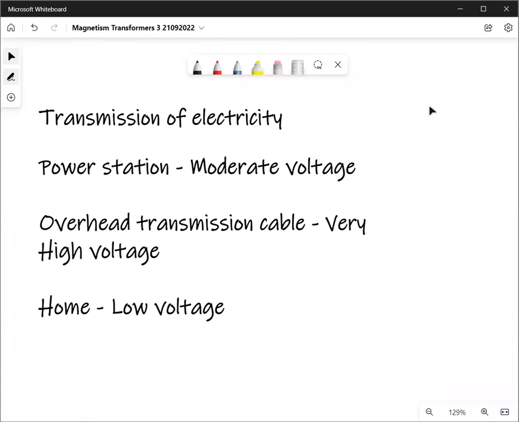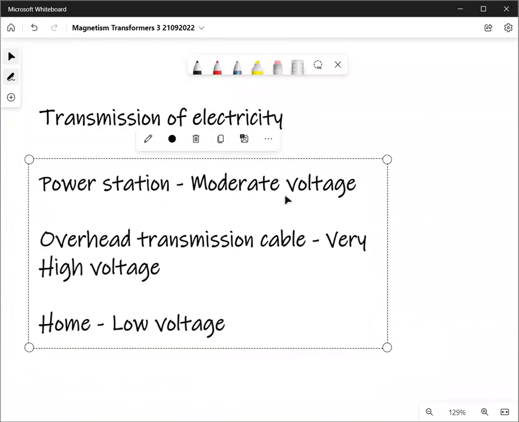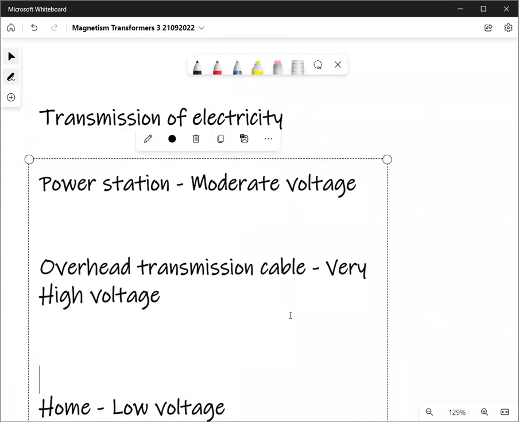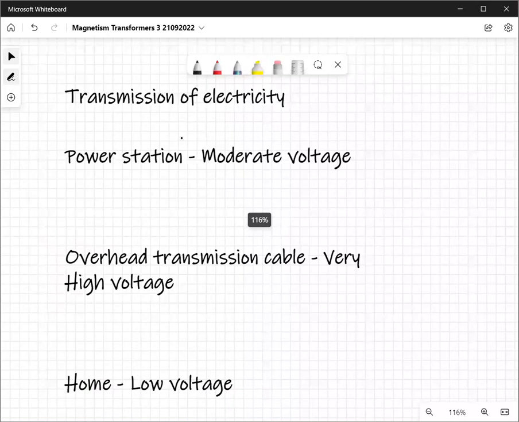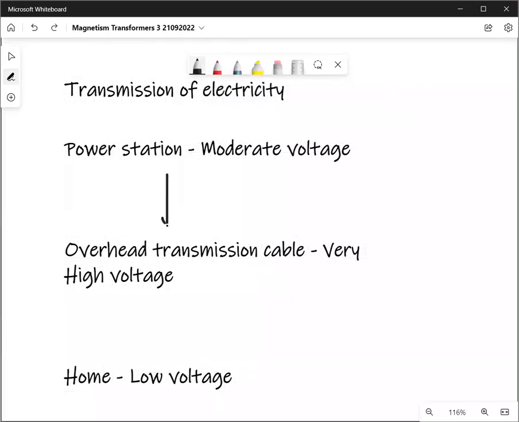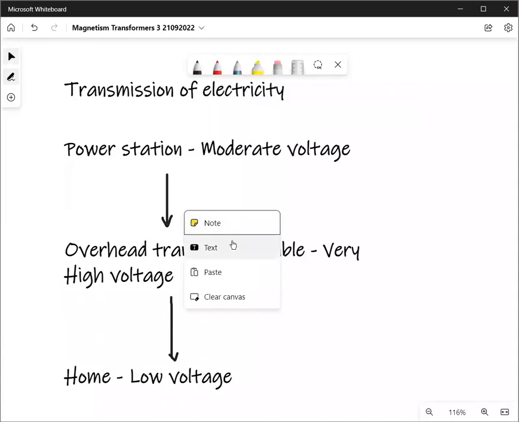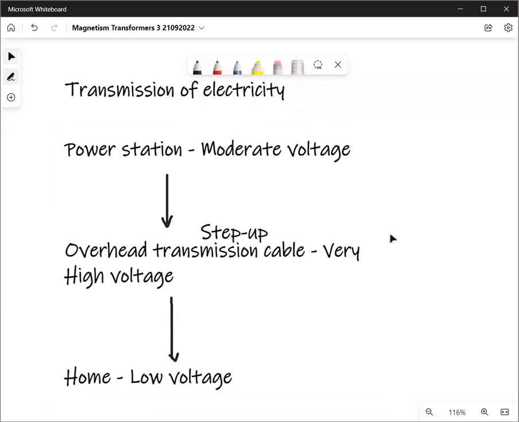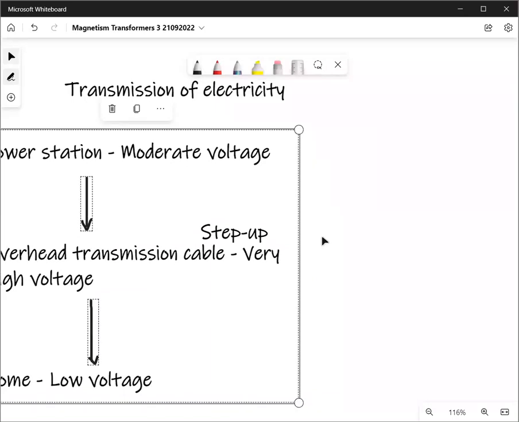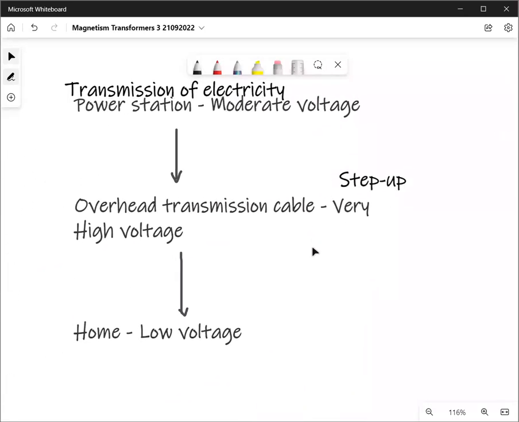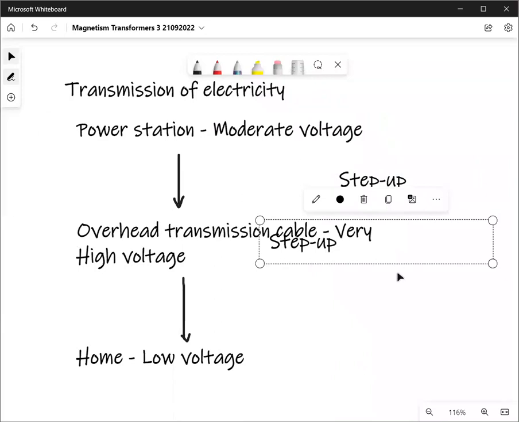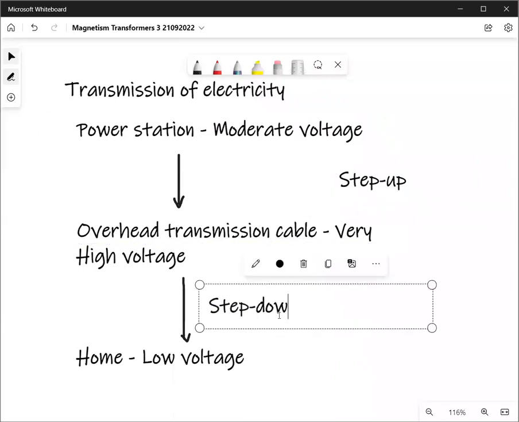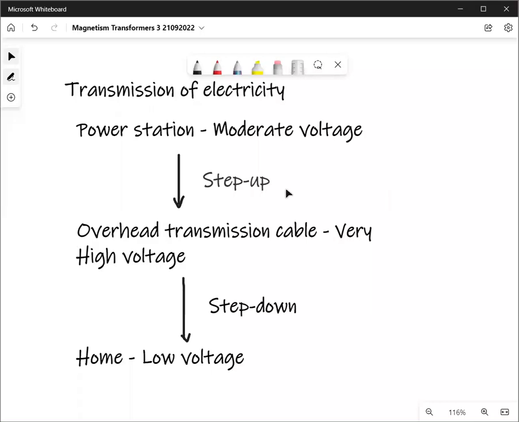Tell me when you're done writing. Now you should add these arrows in the middle. And in front of these arrows, you have to show step down, step up, and then we have the rest.